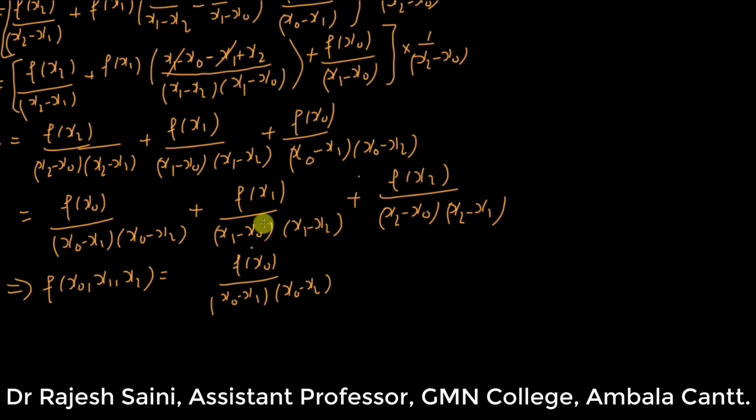Now starting from this I will write the rest of the two terms, and in fact starting from any of these terms we can write the rest of the two terms. Now see, x naught, x1 and x2, these are in cyclic orders. So now let me write with the help of this one, let me write the next term.